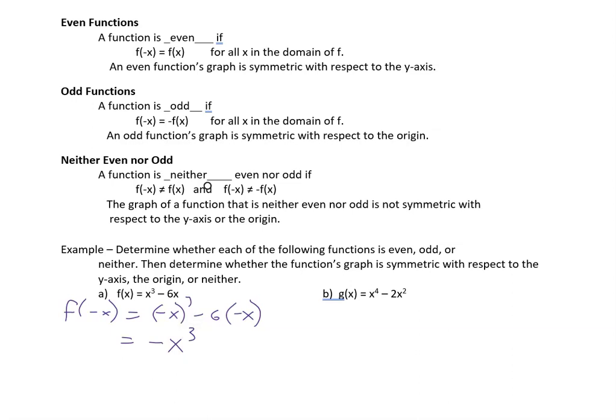And then a negative 6 times a negative x would be a positive 6x. So the first thing we're going to ask ourselves is, does f of x, which was x cubed minus 6x, equal f of negative x? And it's easy to see there that the answer is no, because the signs are different on both terms. So that tells me that this function is not even.